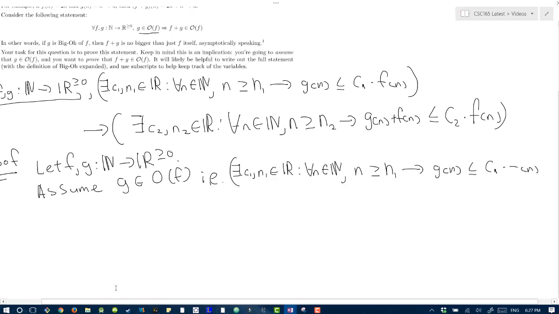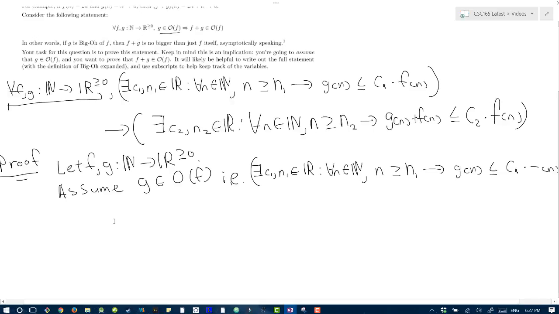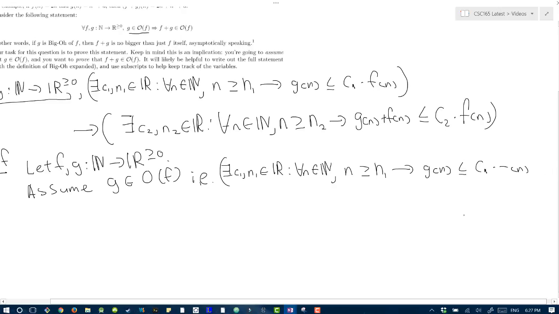We assume that, and we want to show that f plus g is in big O of f as well.